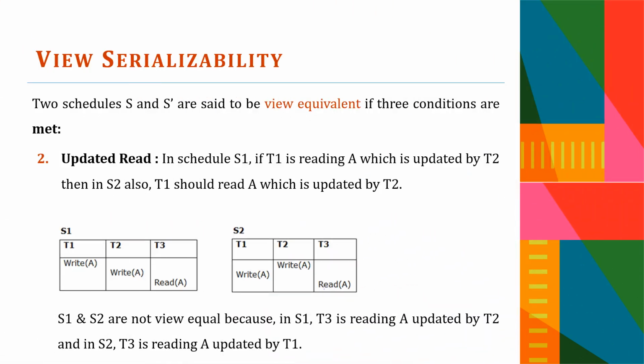The second condition is updated read. In schedule S1, if T1 is reading A, which is updated by T2, then in S2 also T1 should read A, which is updated by T2. In the given example, S1 and S2 are not view equivalent because in S1, T3 is reading A, which is updated by T2, and in S2, T3 is reading A, which is updated by T1, not by T2.